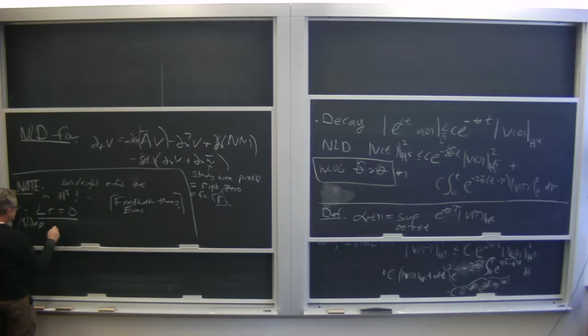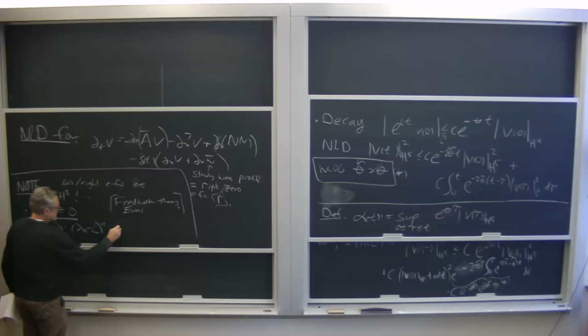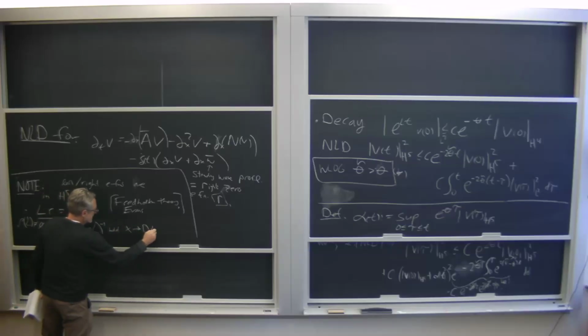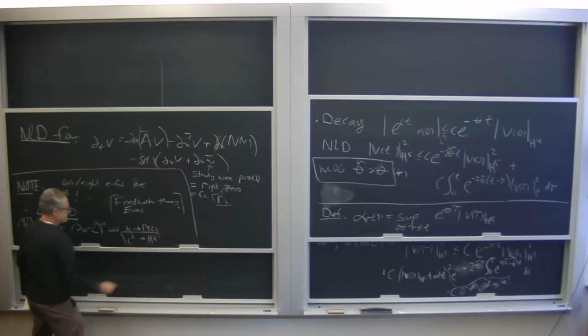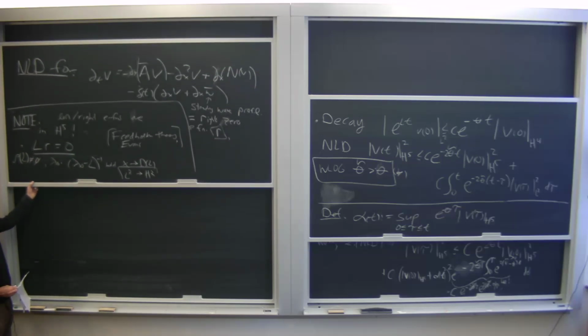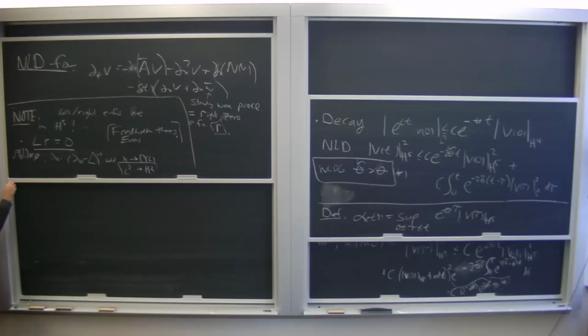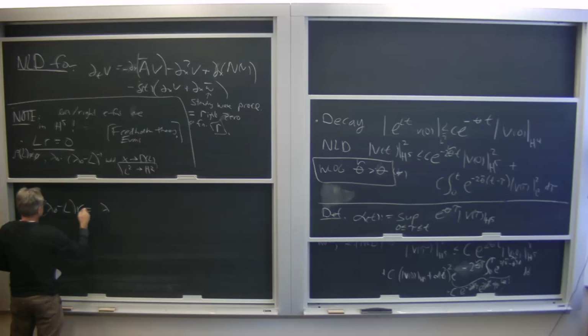And that means there is some lambda naught such that lambda naught minus L inverse is bounded from X to D of L. So from L2 to H2. But the first step, we just observed that if I take LR equals 0 and write it as lambda naught minus L R equals negative lambda naught R, or equals lambda naught R.